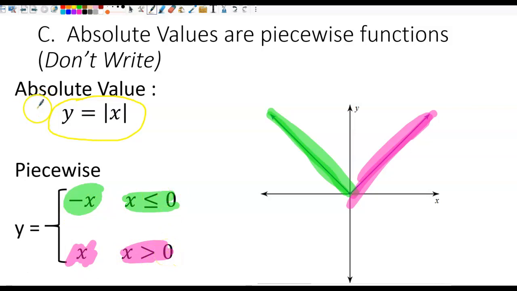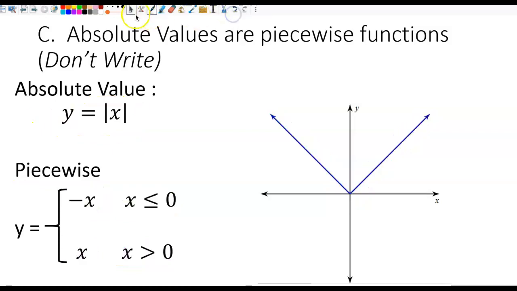Okay, now, why are we doing this? Well, like I said, in calculus, we do not like absolute value functions. They don't behave well in calculus. Anytime we're trying to do calculus on an absolute value function, it causes problems. But if we split it up into its pieces and treat each piece separately, in other words, if we think of it as a piecewise function, then we can do lots of good things in calculus with these.